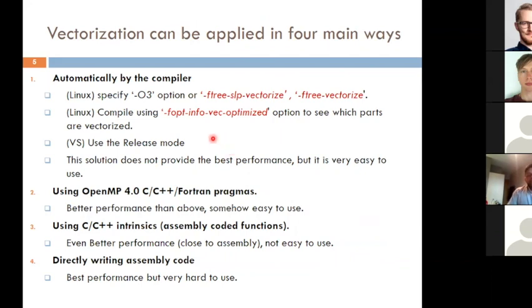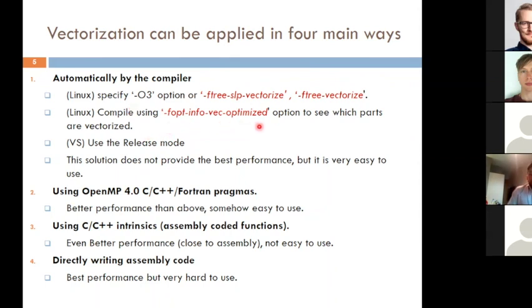So there are 4 main ways we can apply vectorization. First, auto vectorization, as I have already discussed a little bit. We can switch on the O3 option, this flag, or at the command line we can add -ftree-slp-vectorize, or this one, at least in the GCC compiler in Linux.